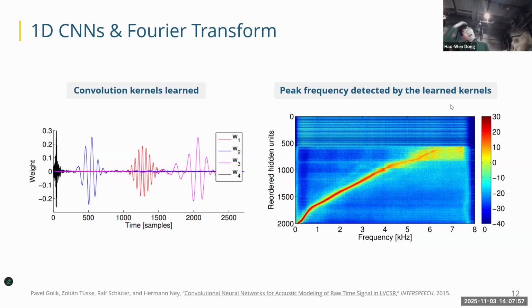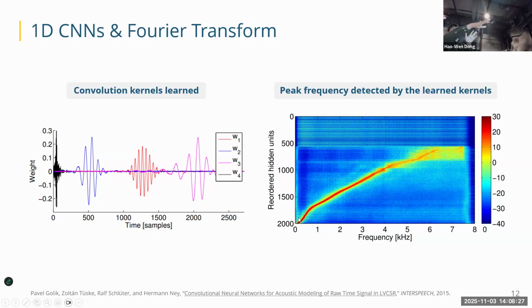On the right, you can actually do a Fourier transform on this kernel and that kernel and that kernel, and grab what frequency these kernels are detecting. This is a plot where you show all these hidden kernels and arrange them by frequency.